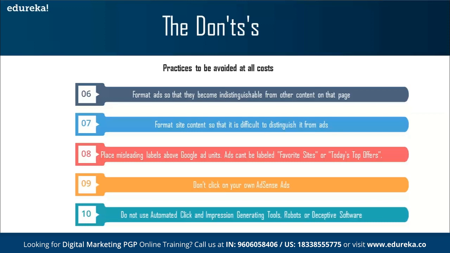Do not use automated click and impression generating tools like robots or deceptive software. Believe me, guys, there are a lot of these black hat things available in the market. Do not try to use them. You know Google is the big daddy, they will definitely know that you are using some of these automated processes, and you will be banned forever.